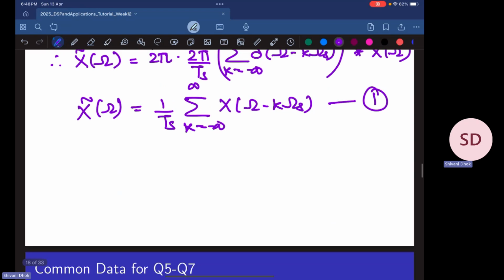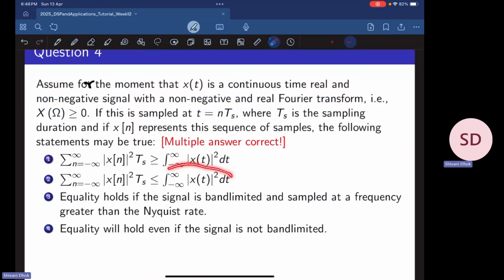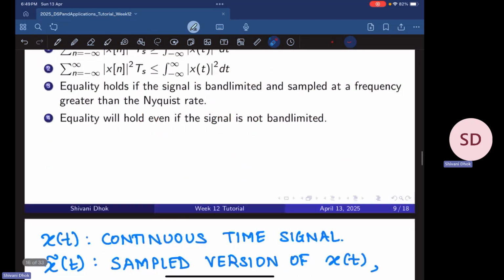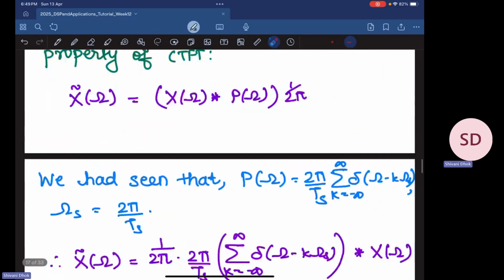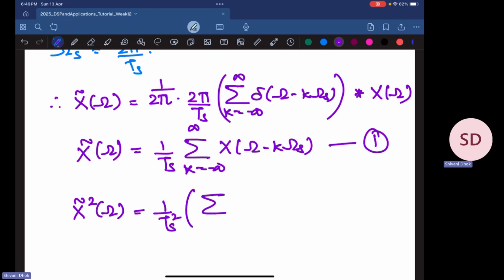Now if I go back here somewhere, I get a relation related to the magnitude of x of t squared. It's very difficult to figure out what is happening from here, but we know Parseval's theorem has a relation with magnitude of x squared. So I'll square these two things. x tilde squared of omega will be 1 over Ts squared, summation k running from minus infinity to infinity X of omega minus k times omega s, whole squared.